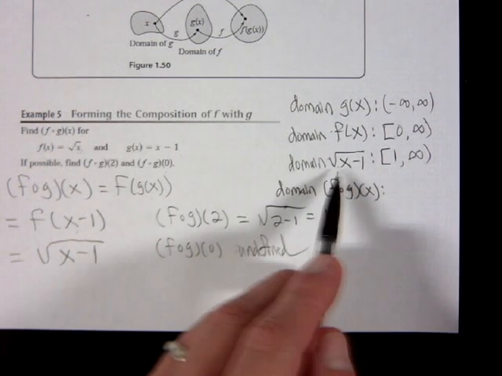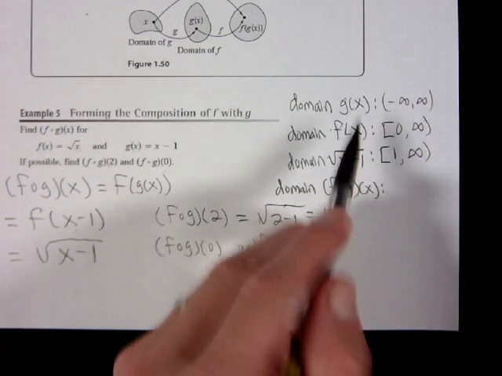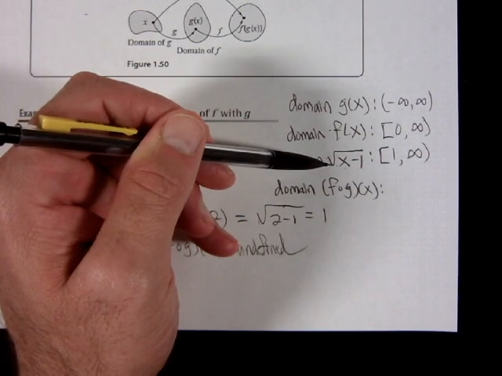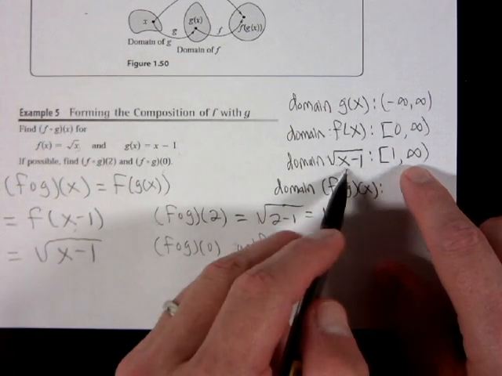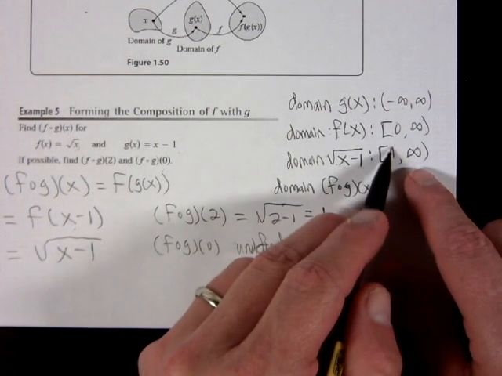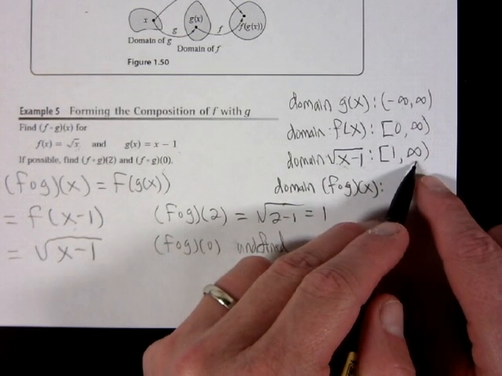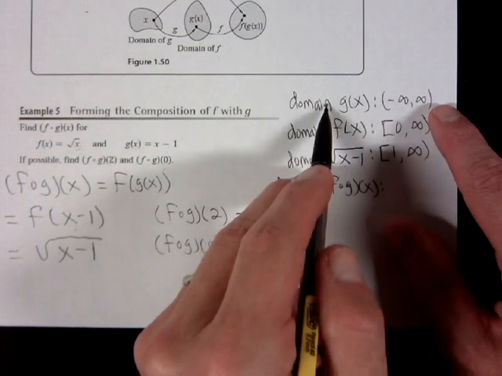Now we're skipping down to the composition of the two, because that takes into account both of them together. Looking at the composition, I can only plug in something greater than or equal to 1. So that eliminates anything below 1 from that original domain.